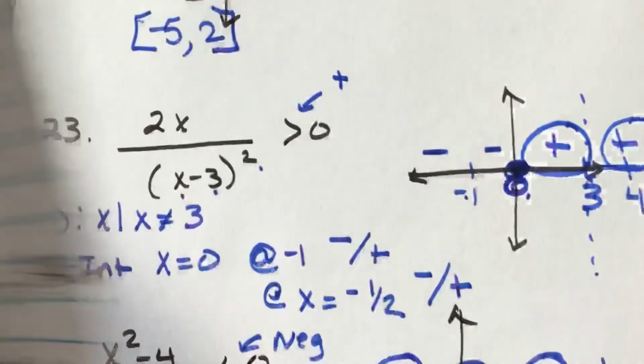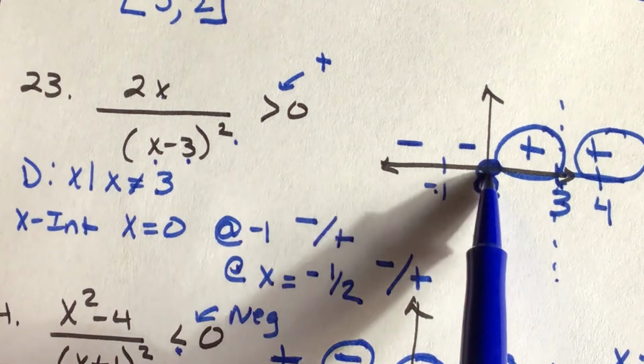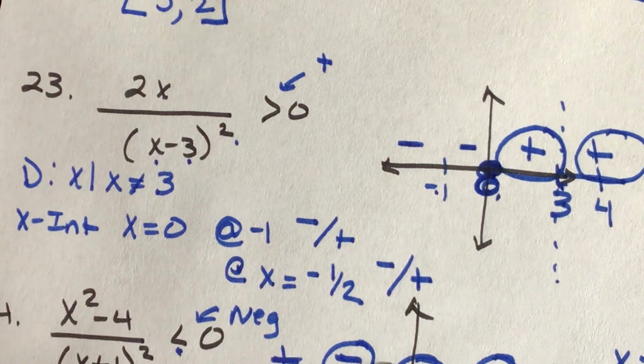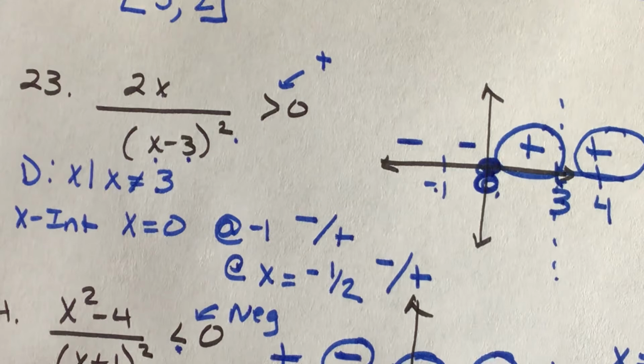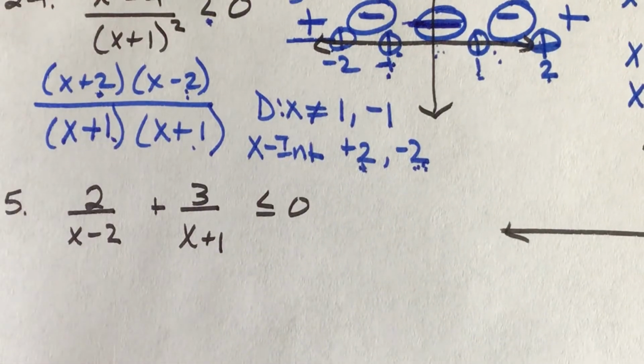And can I include 0? Is 0 an x-intercept? Whoops, 0 is not an x-intercept. So all of this was negative in between here. So that's all included.